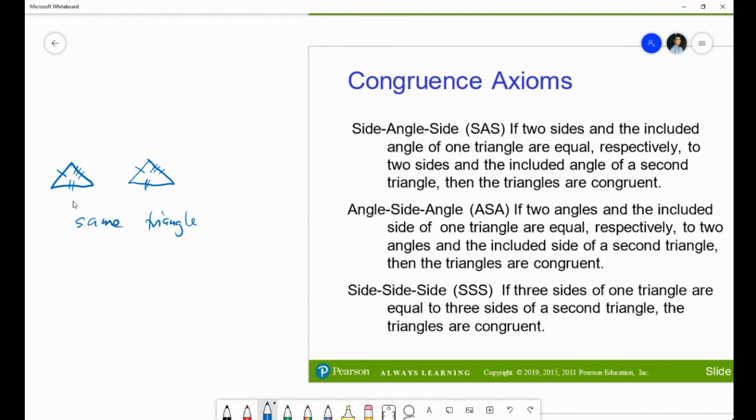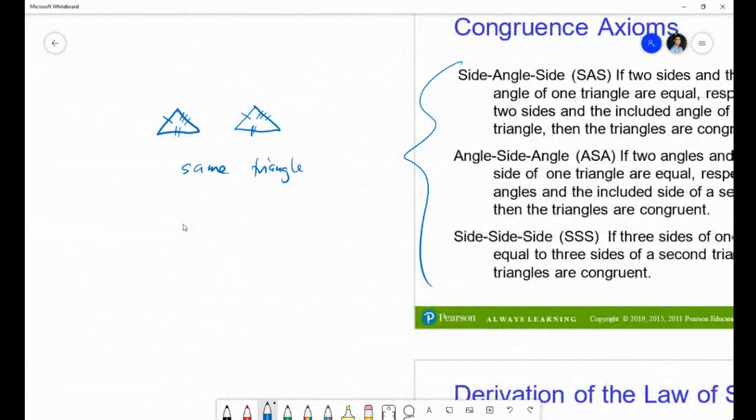Now we cannot say the same thing about angles, which is why you do not see angle as a congruence axiom. The reason is, if I draw this triangle and this triangle, you can see this angle is the same as this angle, this angle is the same as this angle, and this angle is the same as this angle.